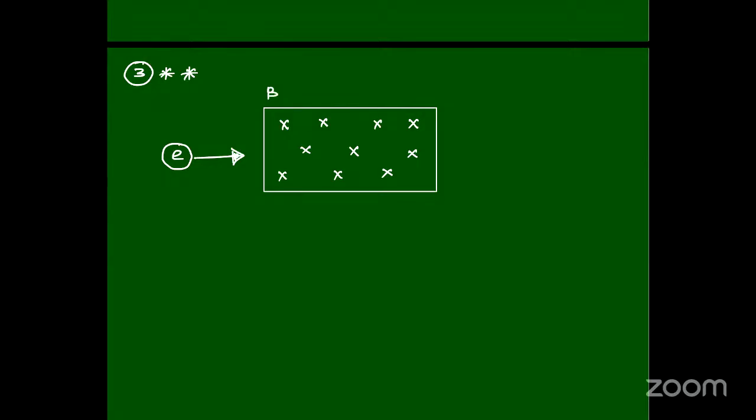So I am asking whether the path is going to be A, B, or C, right? So here also we are using a particle, and remember, the charge of the particle is negative, right? The charge of the particle is negative.